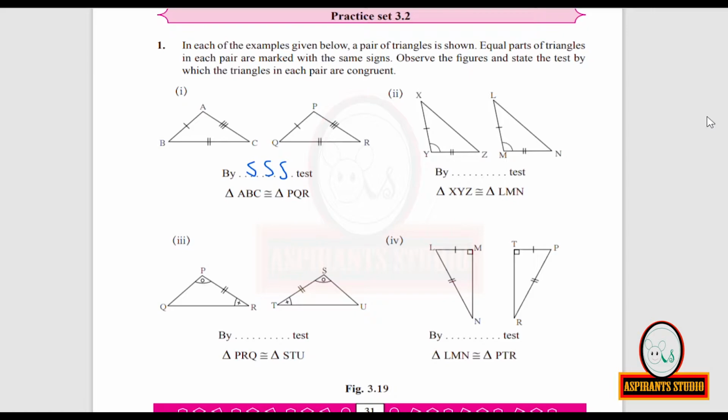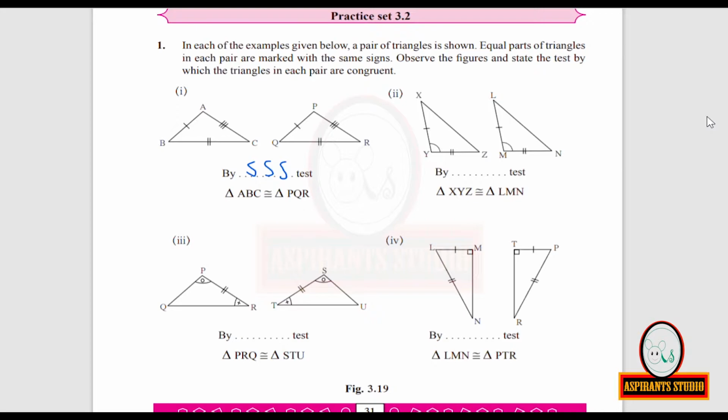Here we have two triangles, triangle XYZ and triangle LMN. If two sides and the included angle of a triangle are congruent with two corresponding sides and the included angle of the other triangle, then the triangles are congruent with each other by SAS test.